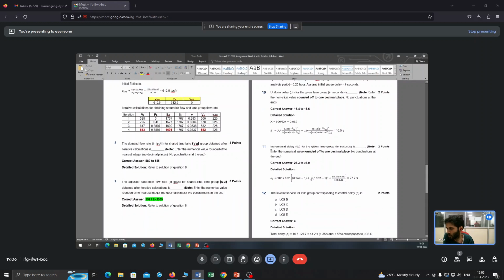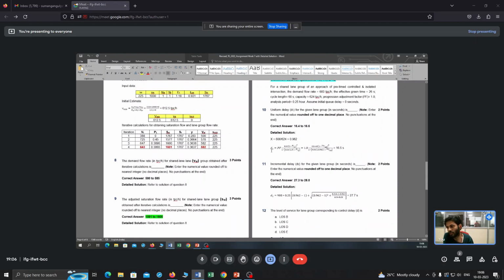Then you also see the incremental delay, which is the delay not due to a sustained oversaturation, but because your demand is not always the same, over the period of time it will fluctuate.